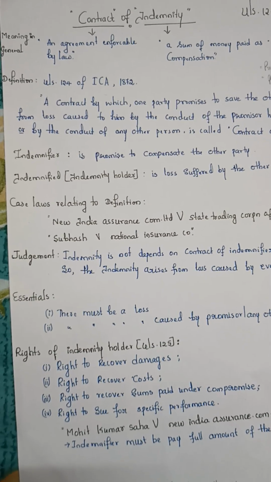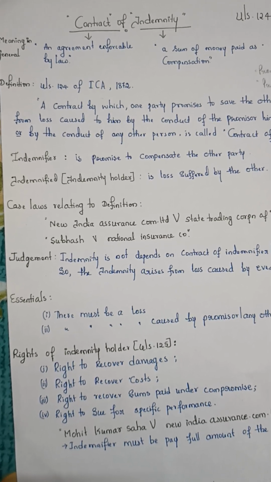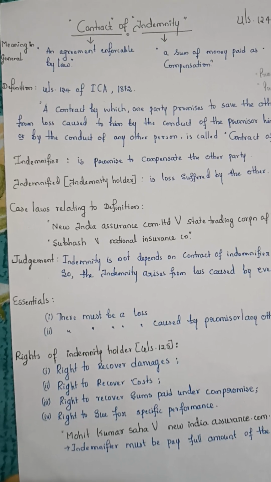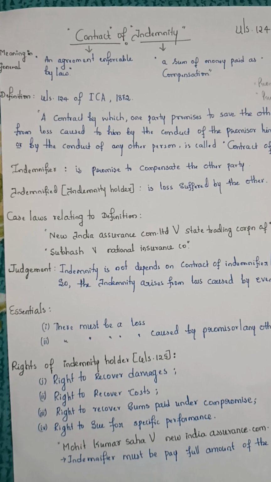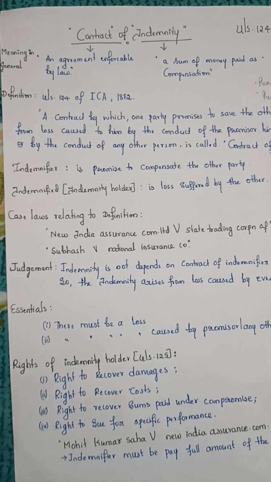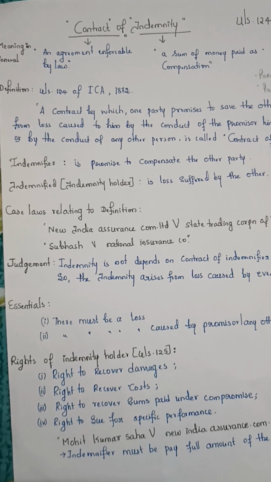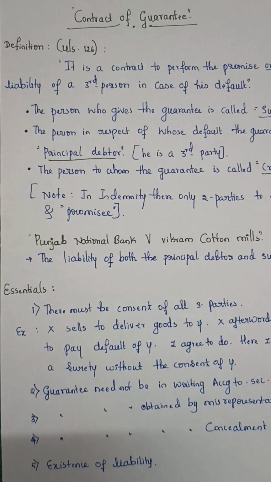You already know what specific performance means. It means equitable relief, that is, a court-ordered action rather than a monetary award, where either party does not fulfill its obligations as per the terms and conditions mentioned in the contract.